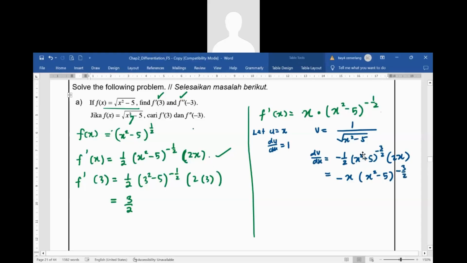Actually we don't mind if it has a negative power. You can write the original form also, no problem. Why? Because we don't want the expression, we want just the value.